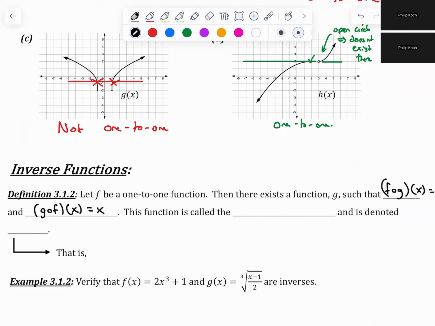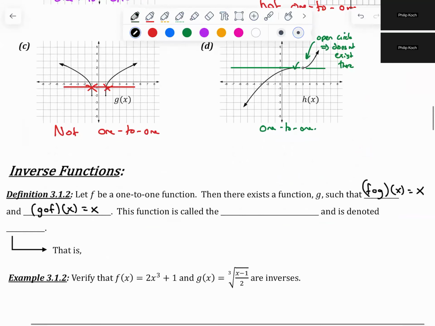When you compose the two functions together, regardless of how you compose them, you get back x. This function is called the inverse function, the inverse of f, and it is denoted f with a -1 up top.